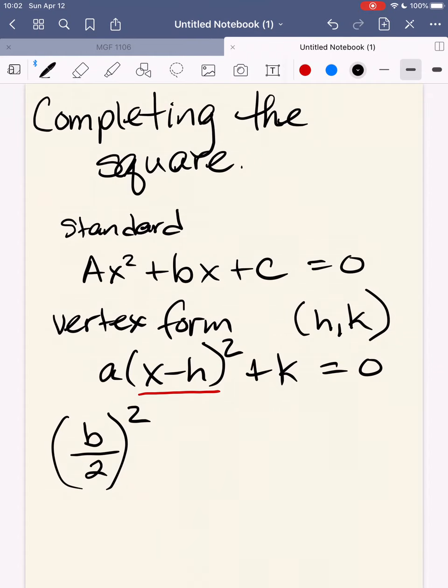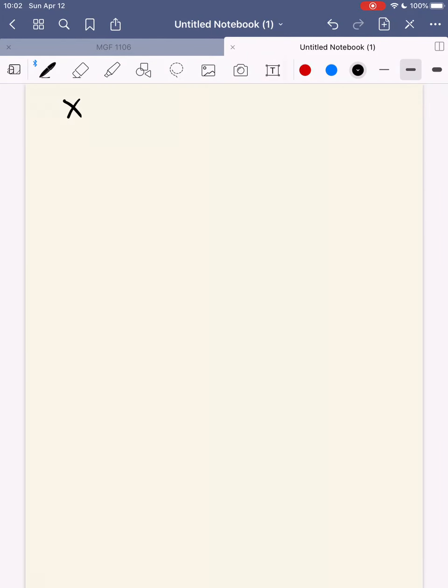So I'm going to take a simple example on another page: x squared minus 2x minus 5 is equal to 0. I want to do this by completing the square. First I need to identify my b. My b is equal to negative 2; the sign goes with it.